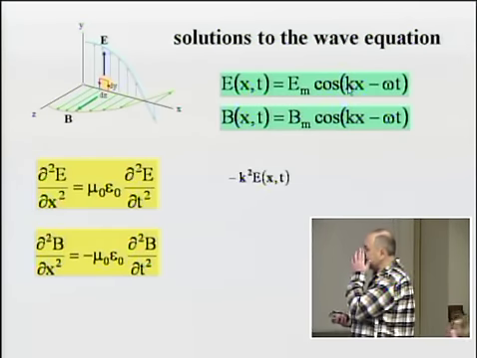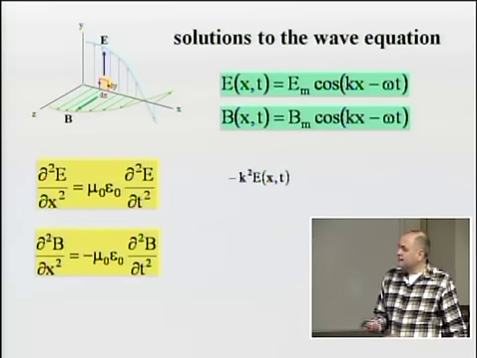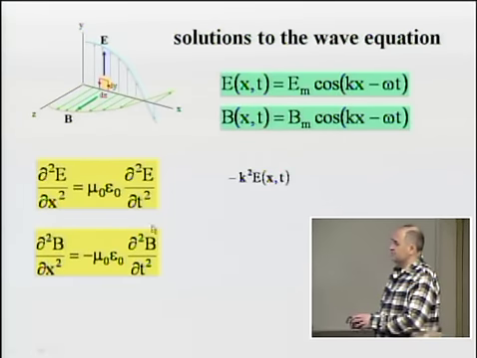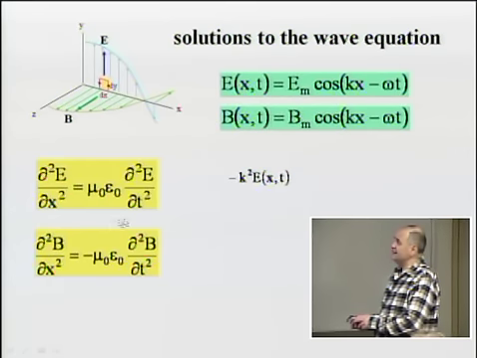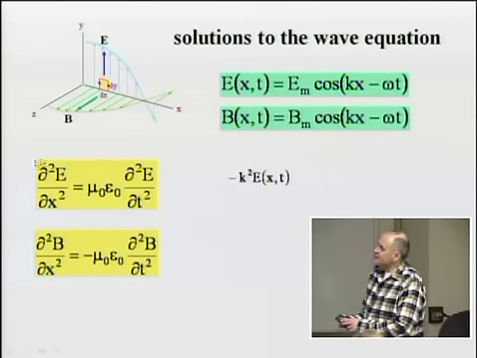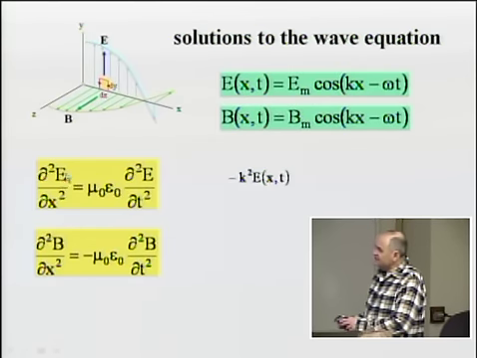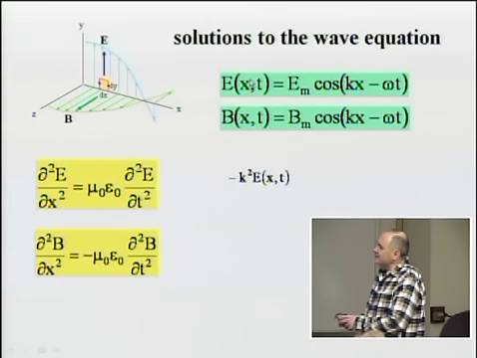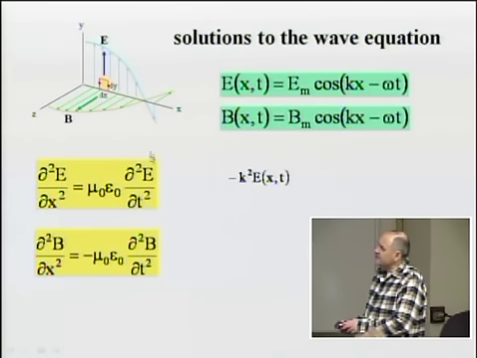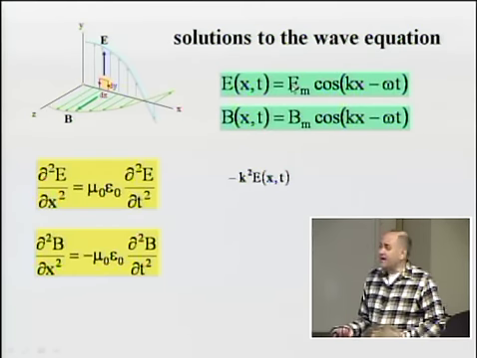All right, let's now take a look at what conditions the constants have to satisfy in order for these two functions to satisfy the wave equation. We can do it by direct substitution. On the left-hand side, I calculate the second derivative with respect to position of this expression. Recognize this is a composite function.